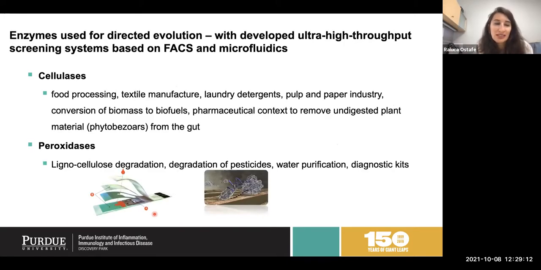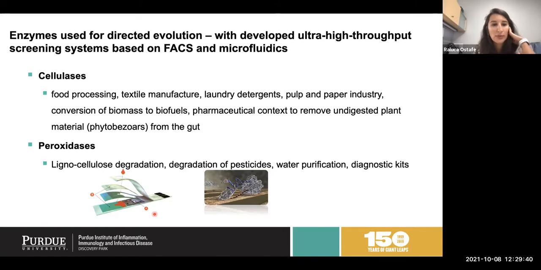This is in short what we were doing for the glucose oxidase approach, but we did similar approaches and developed screening systems based on flow cytometry and microfluidic devices for other enzyme classes like cellulases, which also have a lot of industrial applications, most commonly maybe in the biofuel industry and in laundry detergent.